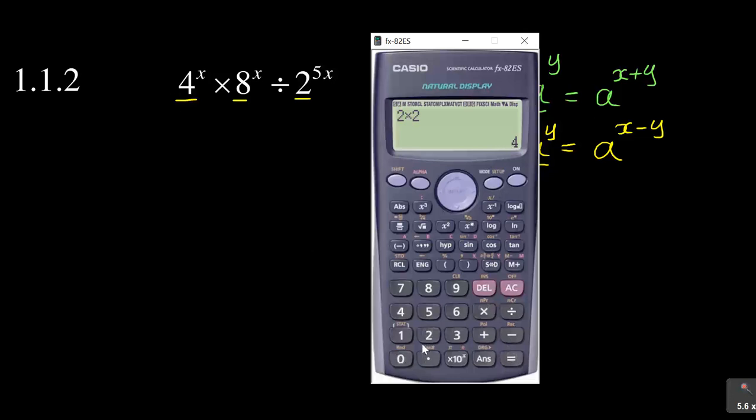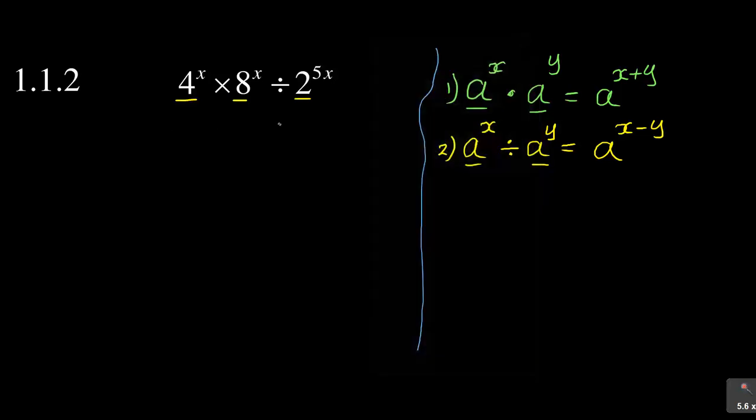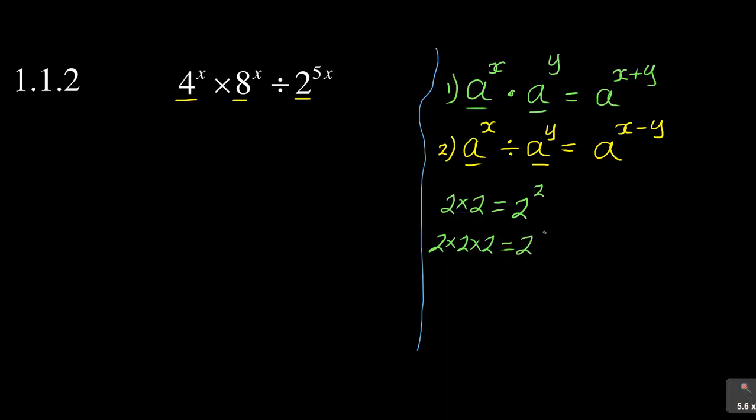For me to get 8, I can say 2 times 2 times 2, which is 8. So I can express everything in terms of 2 here. So which means I can have my 4 as 2 times 2 and my 8 as 2 times 2 times 2. But remember, 2 times 2 is the same as 2 of them, which is 2 to the power of 2. And 2 times 2 times 2, now there are 3 of them, is the same as 2 to the power of 3.